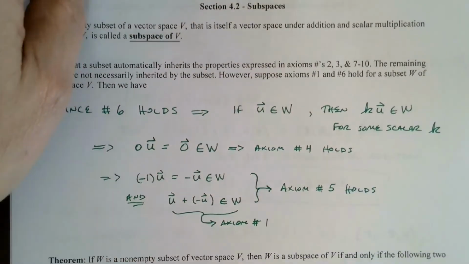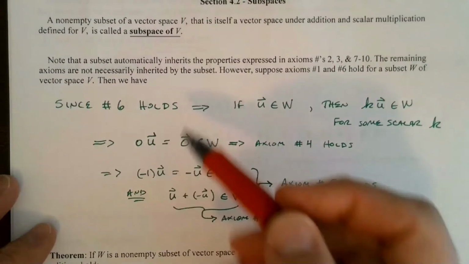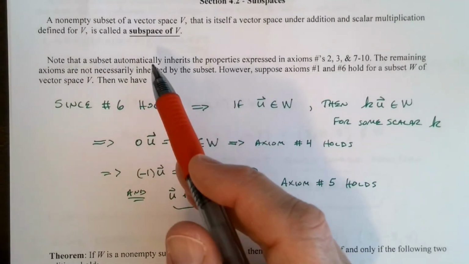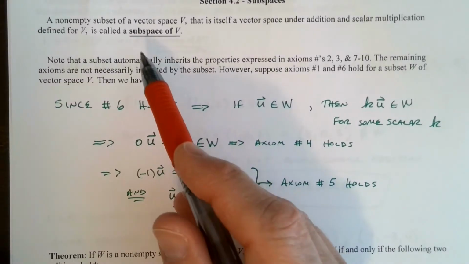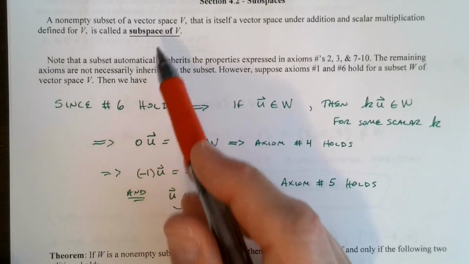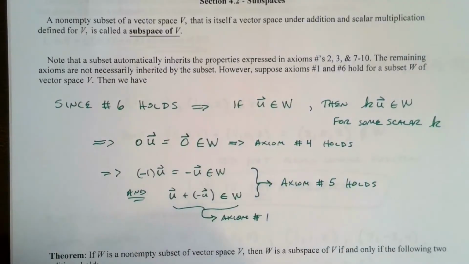So if I have a subset of a vector space that is itself a vector space, then we call that a subspace. Now, first of all, what is a subset?